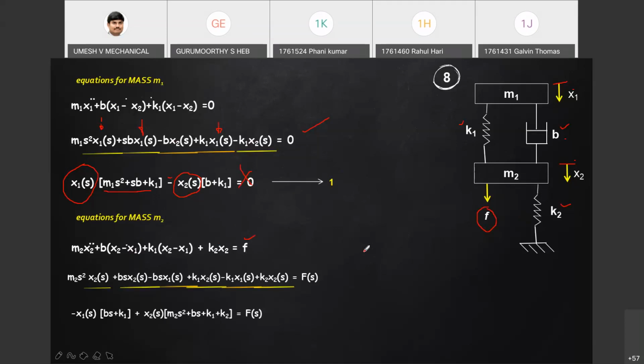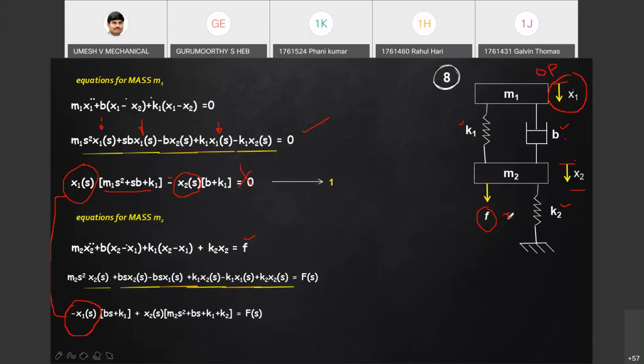separate the variable in minus x1 of s. See, I am trying F1 here. The output in this problem, the displacement is already applied. Input is this.